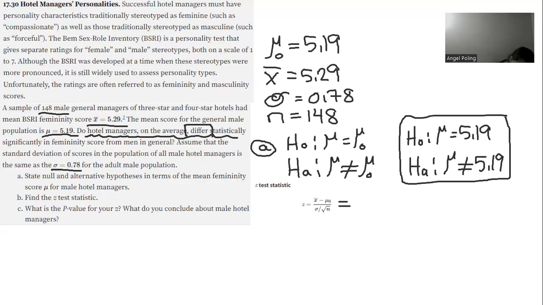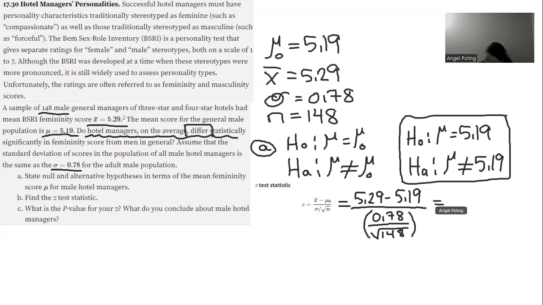So we have 5.29, take away 5.19, and we're dividing by the ratio of 0.78 divided by root 148. This gives me a value of 1.559, which means I need to round my z-score up to 1.56. So there's my z-score.